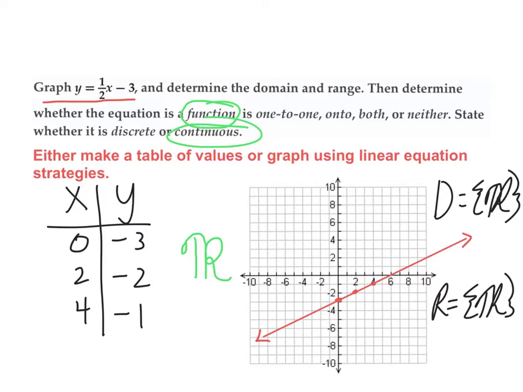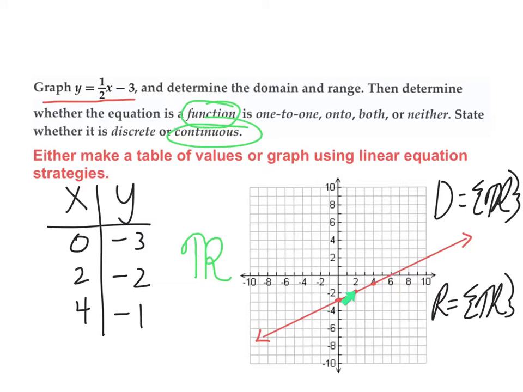Can we ever use an x value more than once and get a different y? Meaning, does the range, because when we talk about one-to-one, onto, both, or neither, we're talking about the range. For example, here the y is -2. Can -2 ever go with another point besides this one?